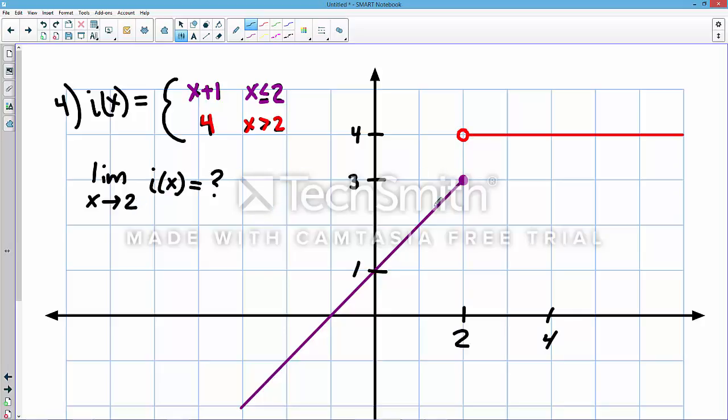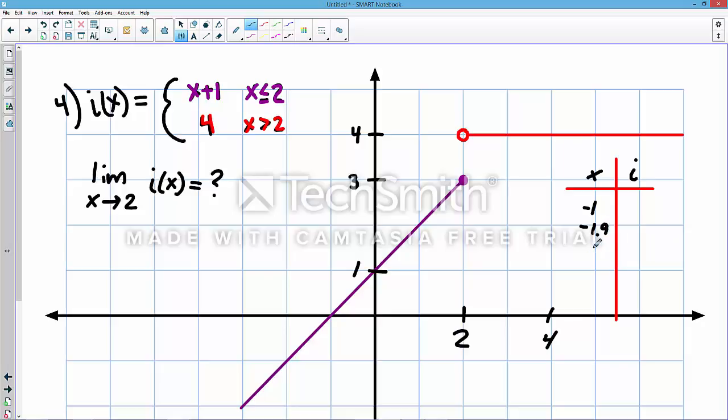Well, if we make a quick table here of values and we take a look at all of the x values from the left. Sorry, that's not going to work, so let's make a nicer table. And we want to plug in some values for x and see what we get out for I. So let's plug in 1, 1.9.